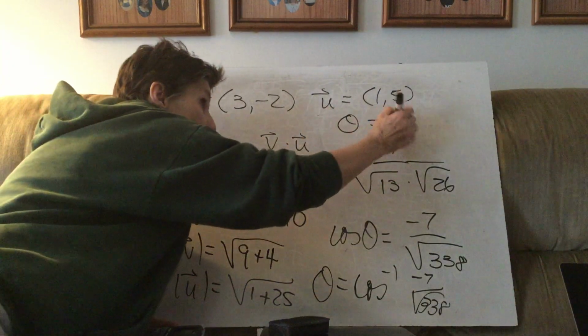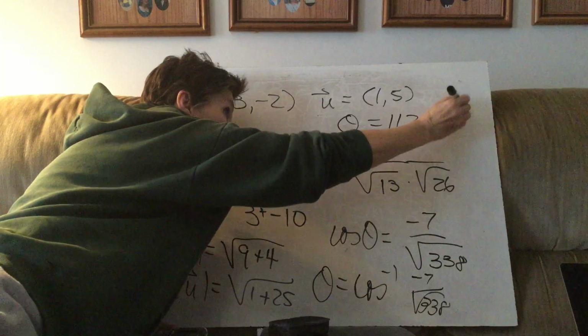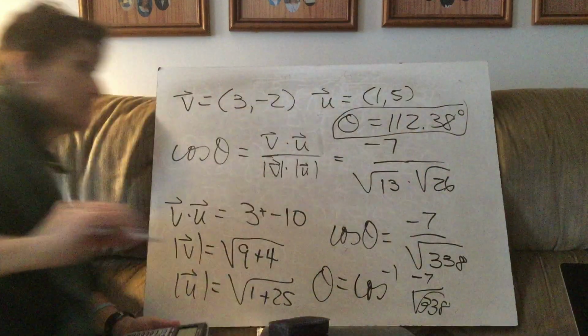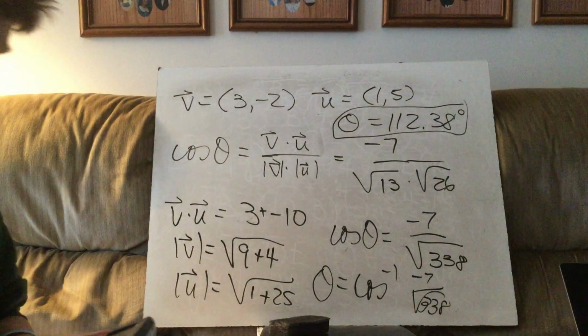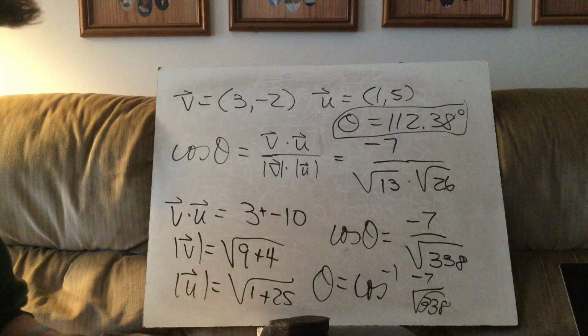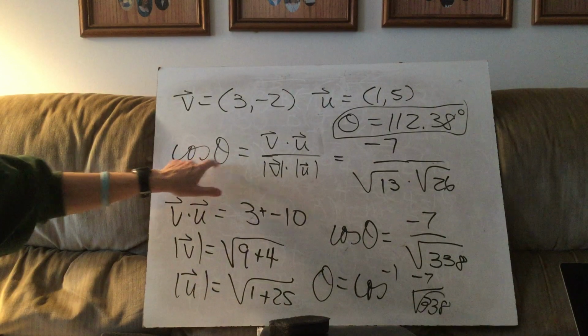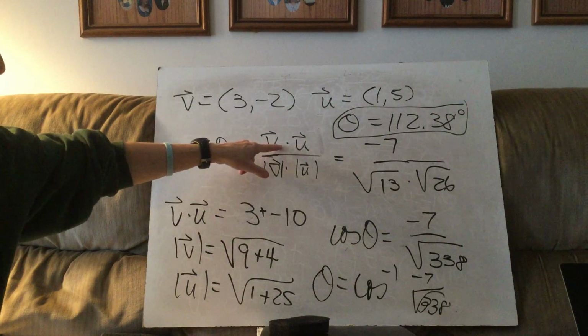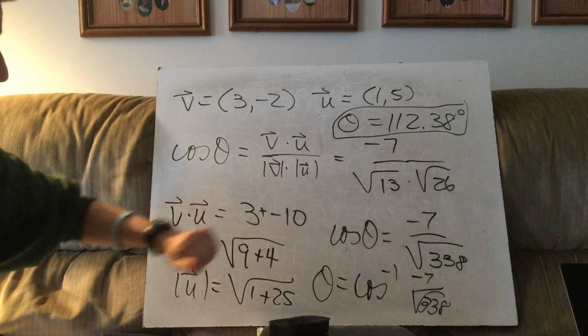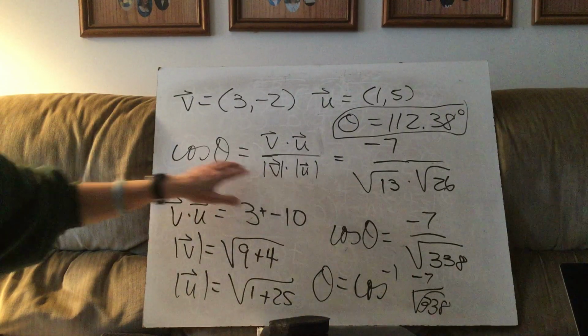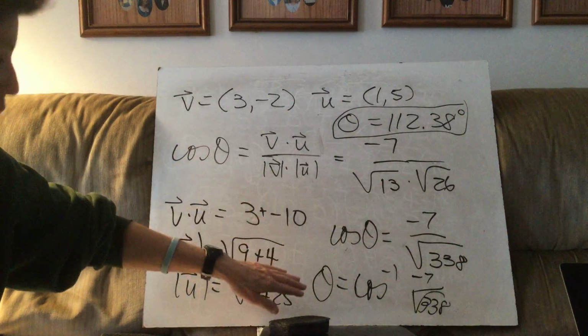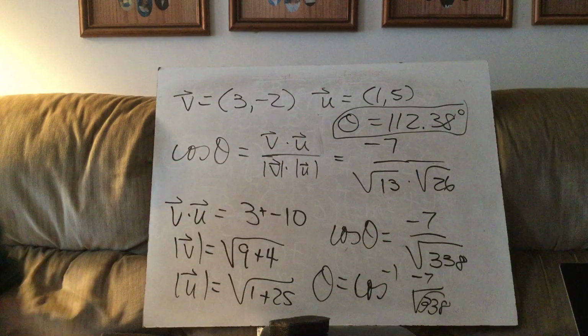So theta is 112.38 degrees. Again, this formula is critical. You all know how to do a dot product. You all know how to do magnitudes. So you just got to remember the formula, and then you second cosine that fraction.